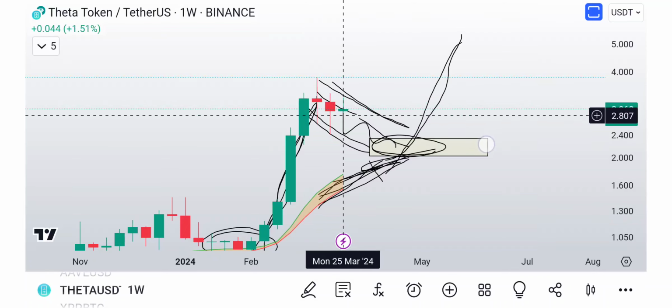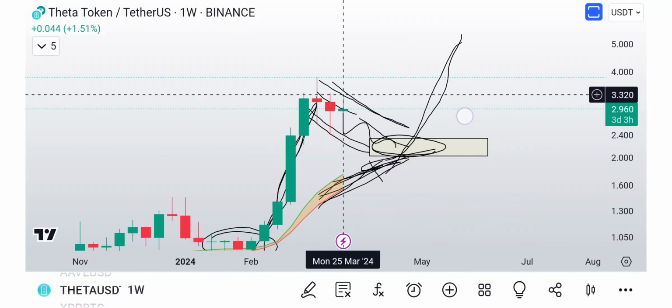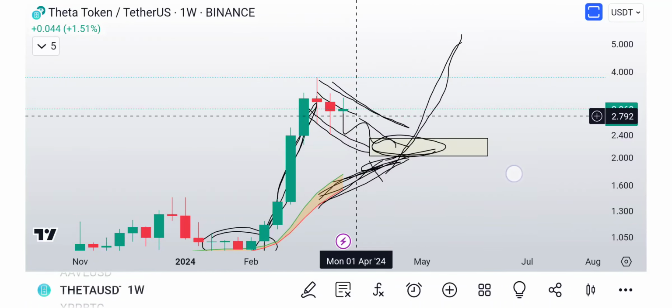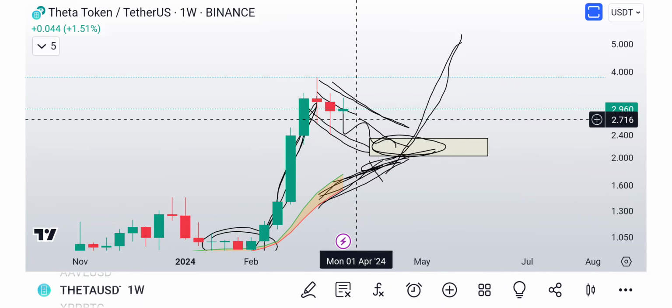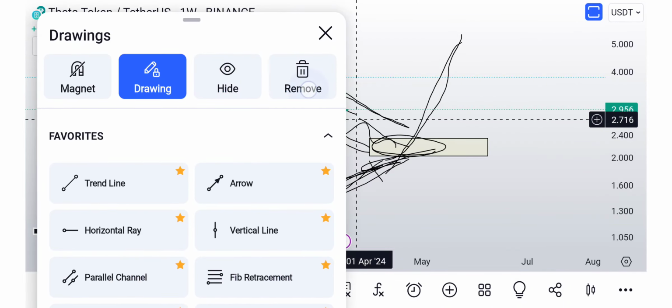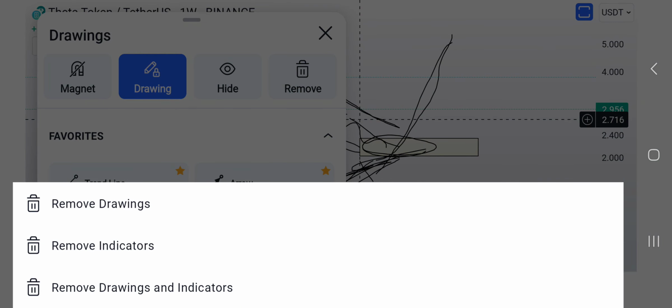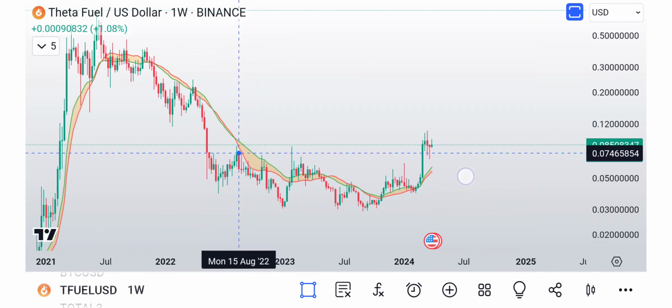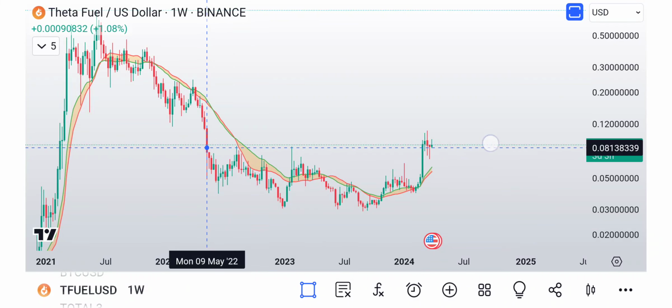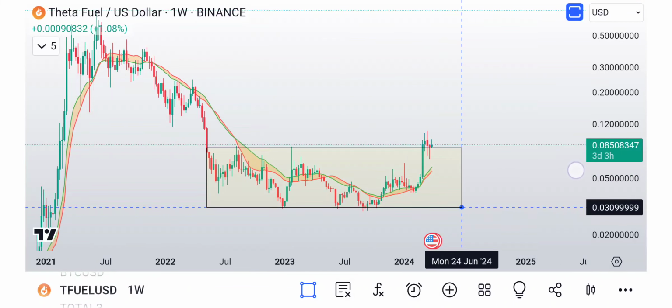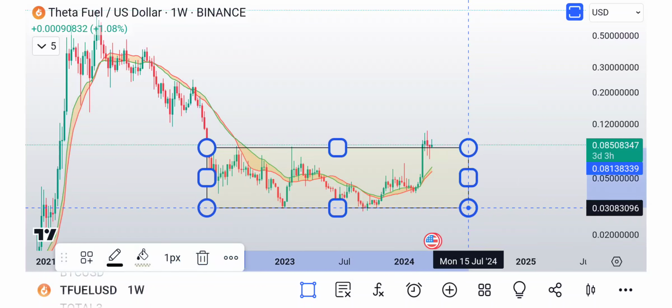And looking at the weekly chart, we're getting these dojis up here. So it still looks very corrective. And so let's zoom in. But before I do that, when you look at Theta Fuel, for example, it's already backtesting the top, right?